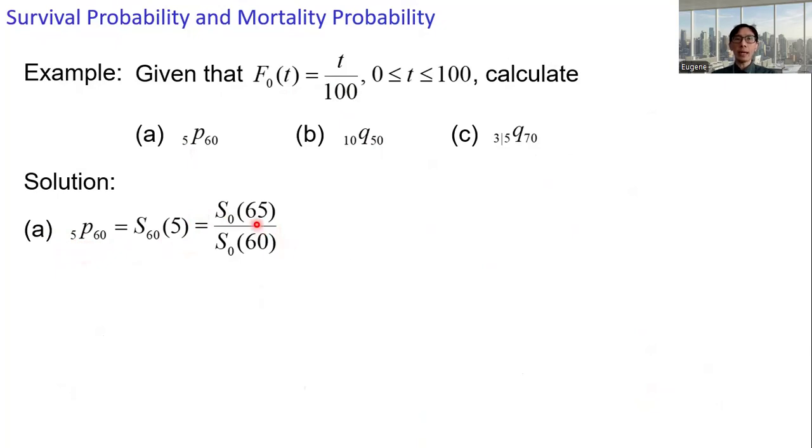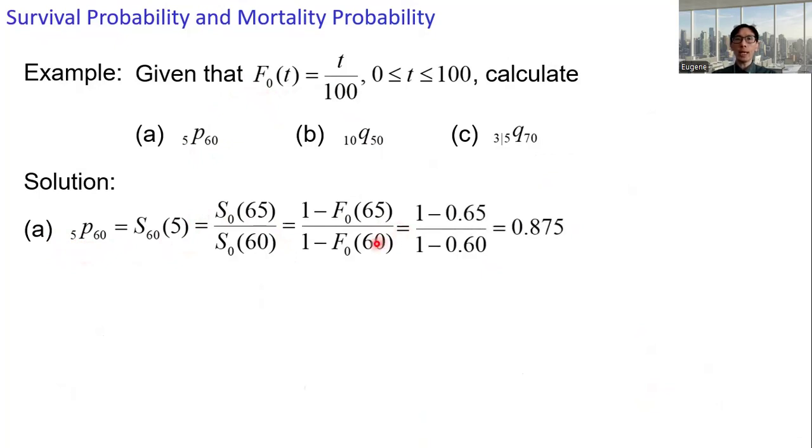And we are given F0 of t. Translate this in terms of F0, and then do the substitution, and we get the probabilities. 5p60 is 0.875. A person at age 60 can survive to at least age 65.